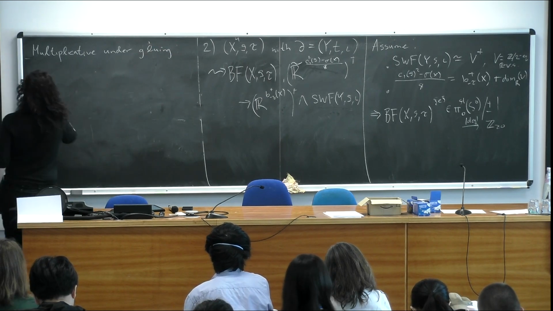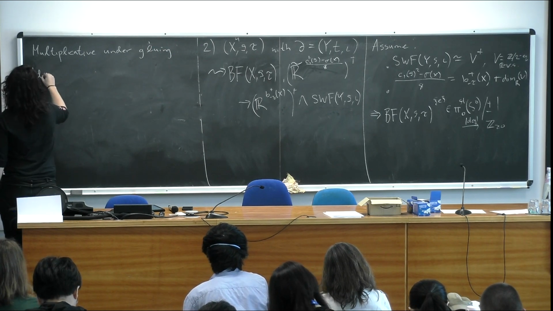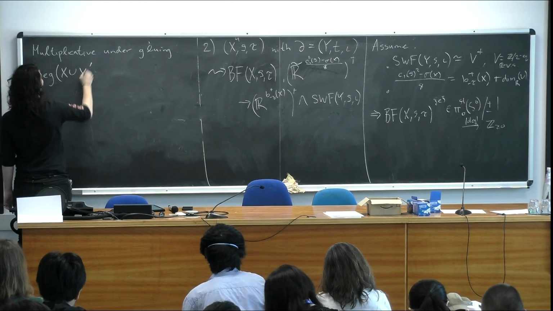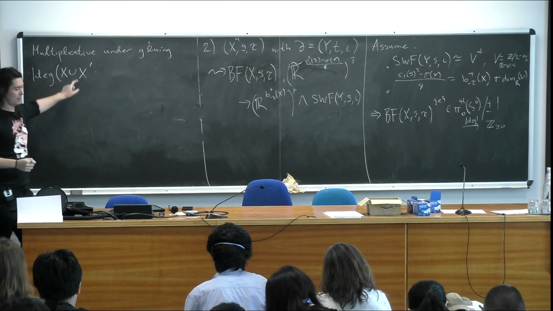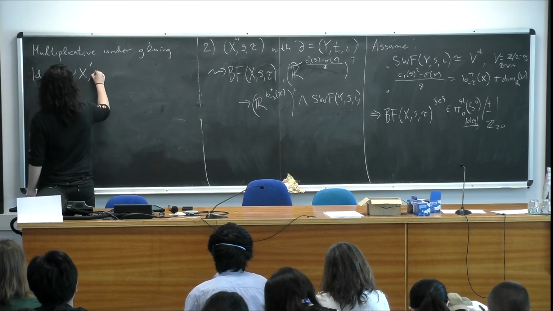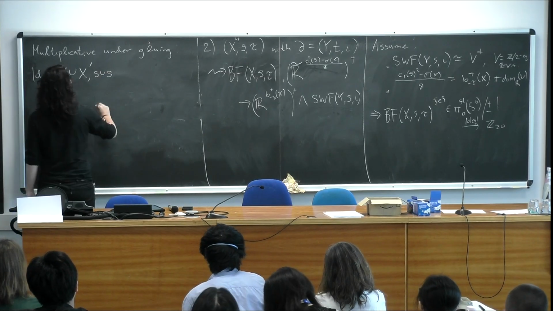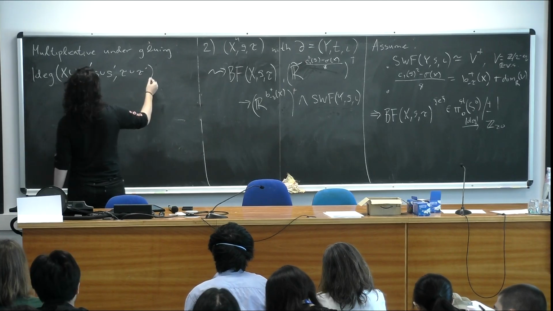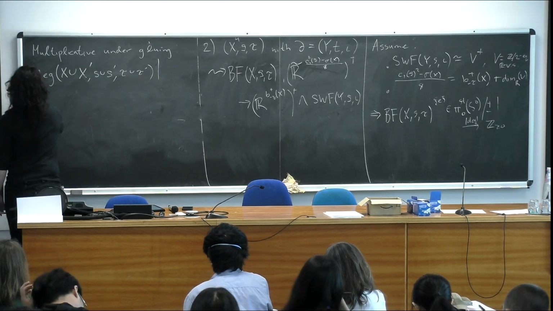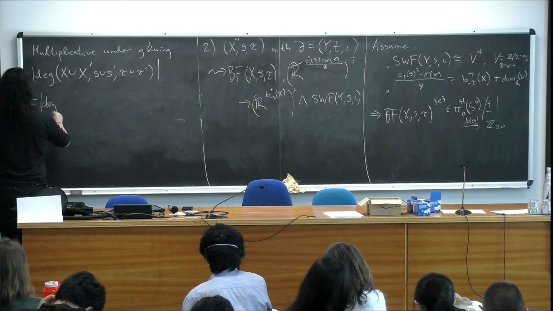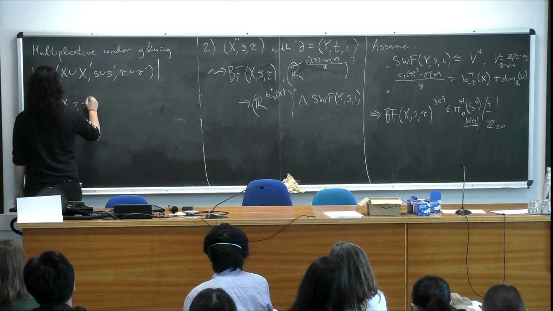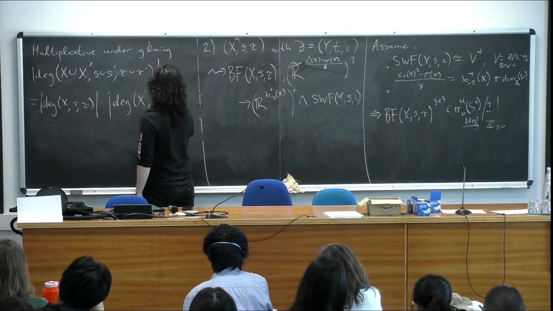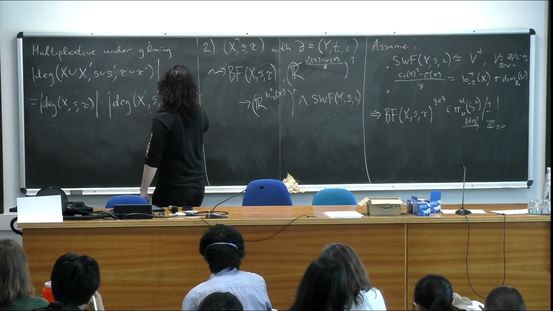So if I have, let's say, X and X prime glued along their common boundaries, and I'll write it like this, S union S prime, tau union tau prime, take the degree of that invariant, then this is equal to degree of X, S, tau times degree of X prime, S prime, tau prime.